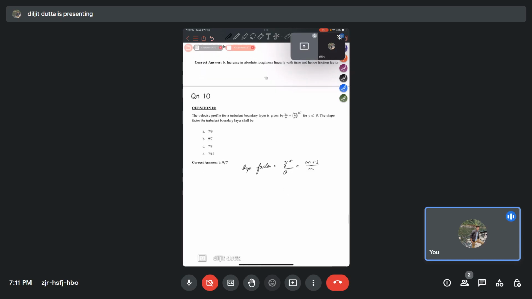Okay, so the velocity profile of a turbulent boundary layer is given by u by U equal to (y by delta) to the power 1/7 for y less than or equal to delta. The shape factor for the turbulent boundary layer shall be?